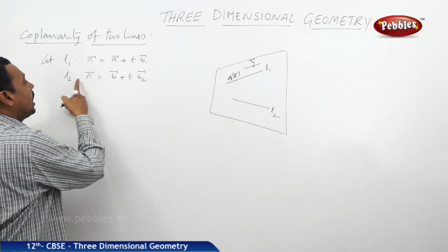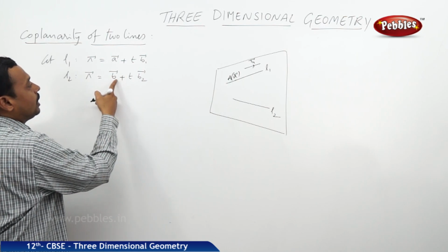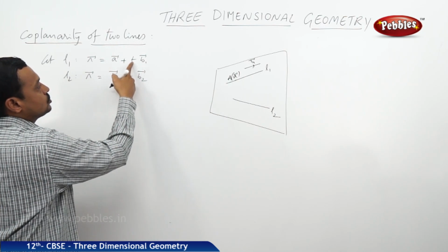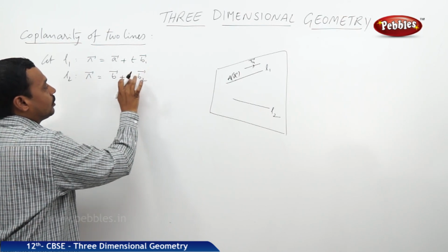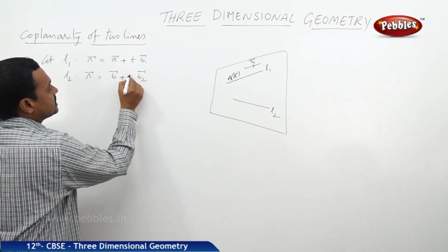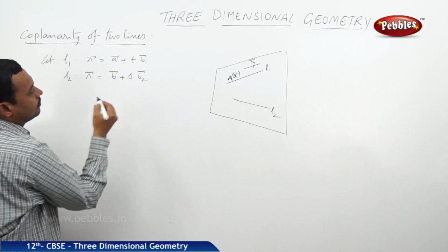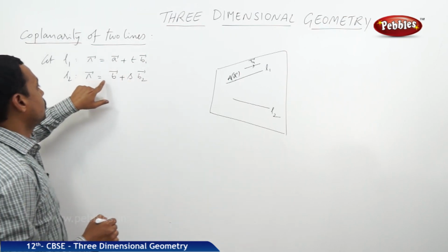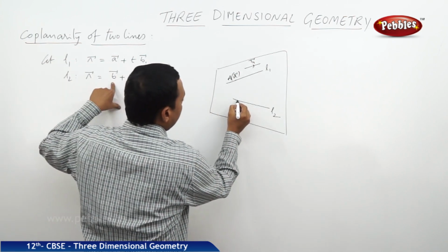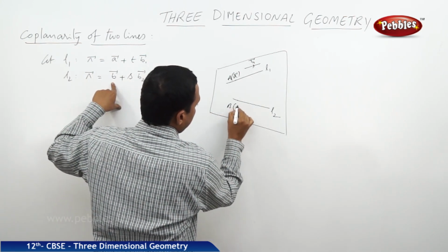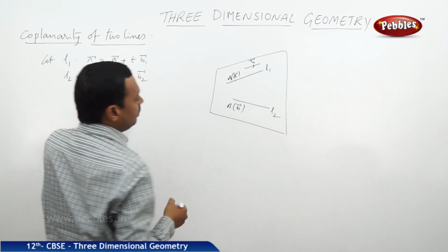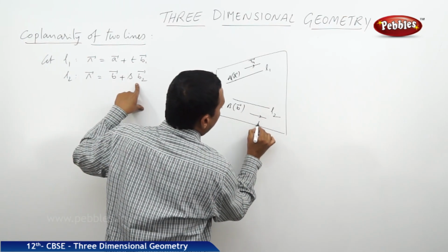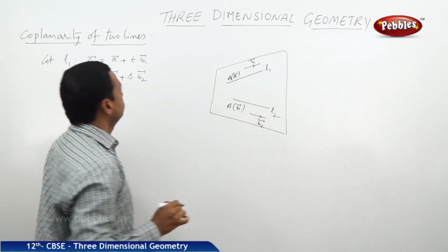Next, second line r bar is equal to b bar plus some scalar t. Of course, here these two scalars need not be equal. Let it be some s or some lambda. R bar is equal to b bar. Second line passes through some point B with the position vector b bar and parallel to another vector b2 bar.